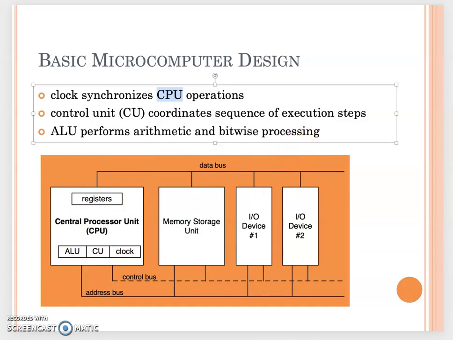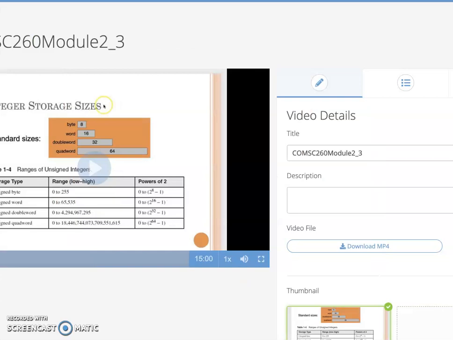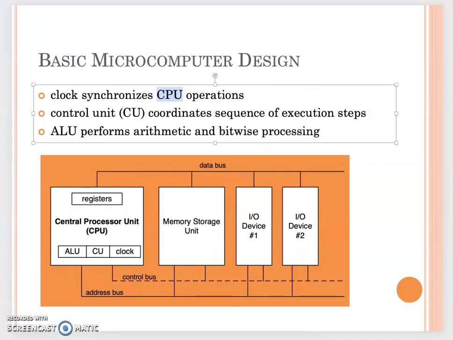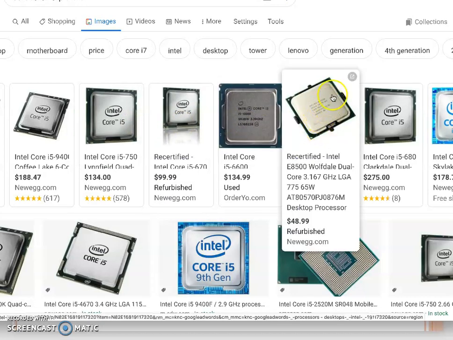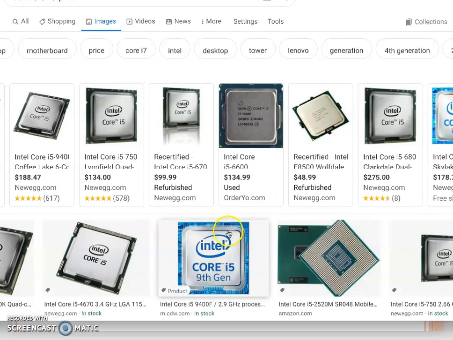If you try to Google the picture, as we said earlier, for example, we are using the Intel Core i5. I believe most of our computers are i5. You may have i3 or i7, but that is the i5. When we talk about the hardware later, we are talking about this small square, which is where the CPU resides. Here you see a lot of pins. But visually, that is what we can see.